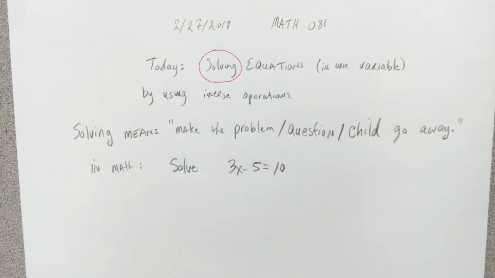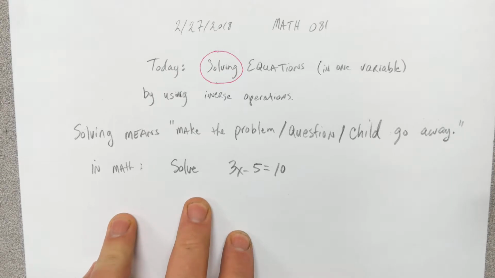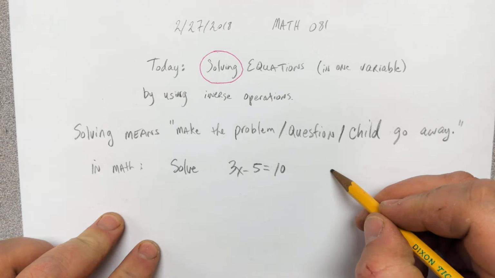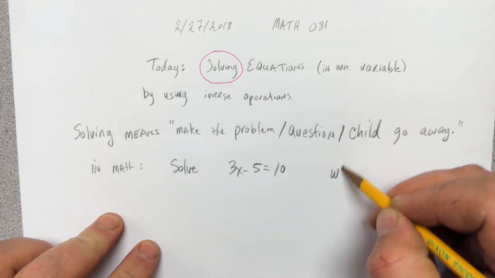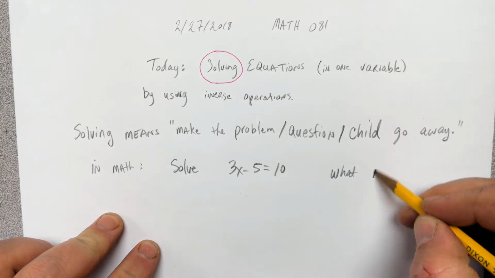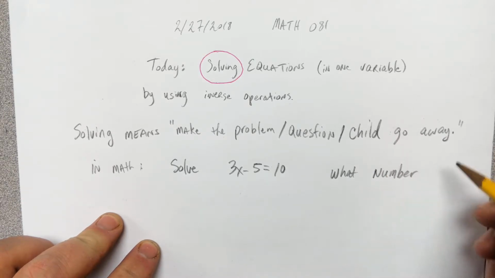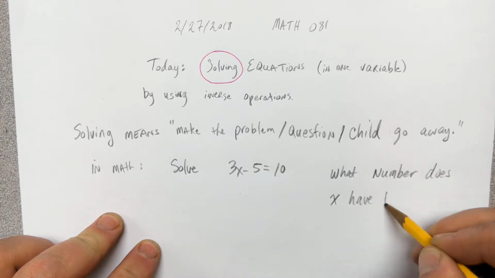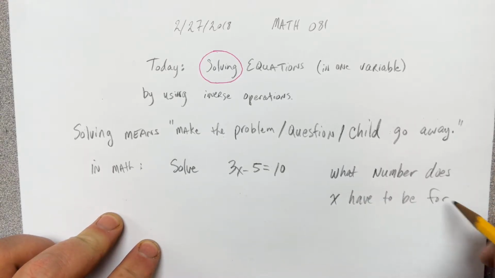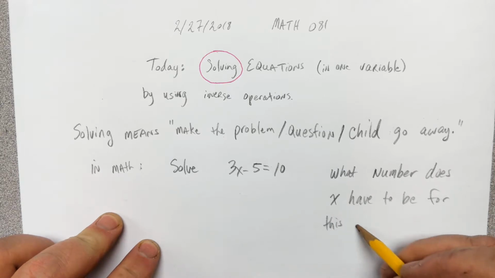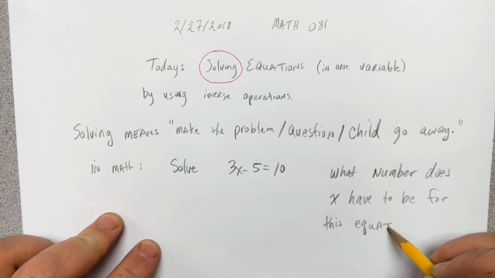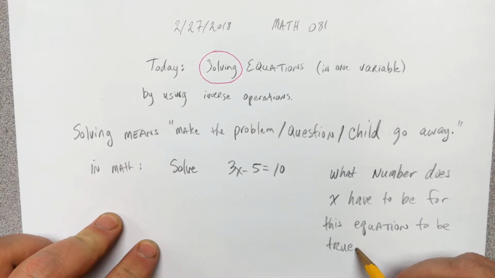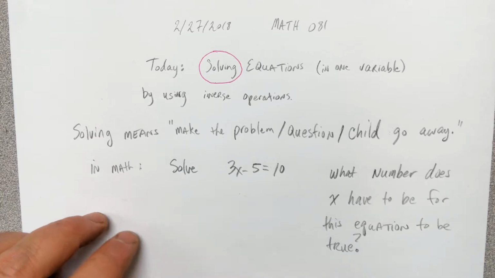If it said this, what it's really asking us is, what number does x have to be for this equation to be true? That's what it's asking us.